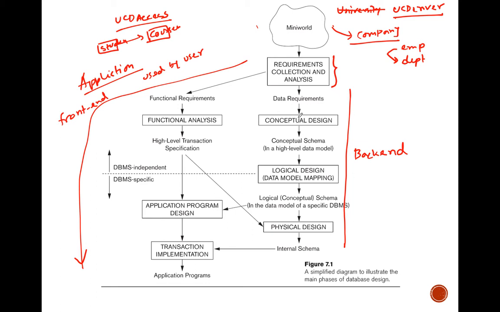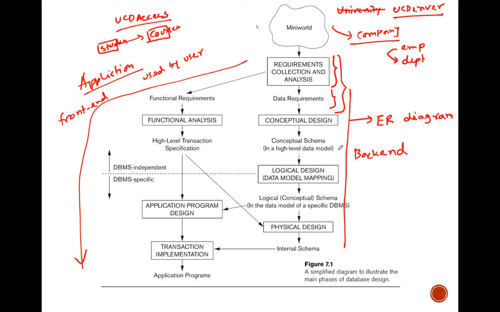For the database we need the data requirements. Based on the requirement collection and analysis and the data requirements, using both of them, a database designer can create a conceptual design. One form of conceptual design in a database is the ER diagram, which stands for entity relationship diagram.